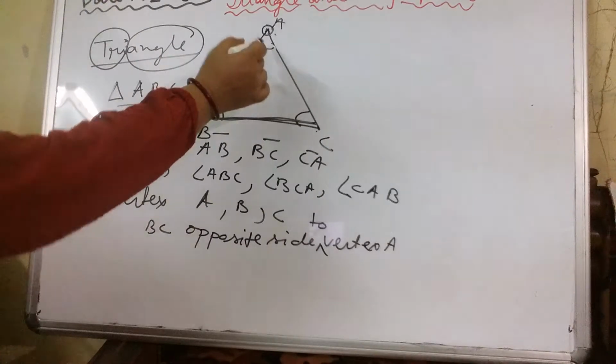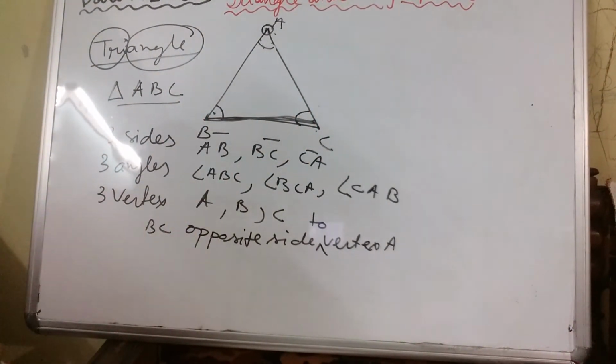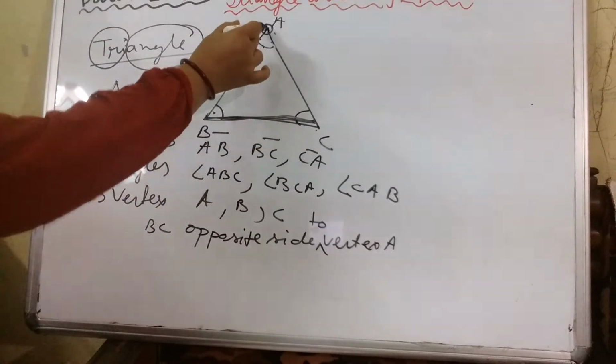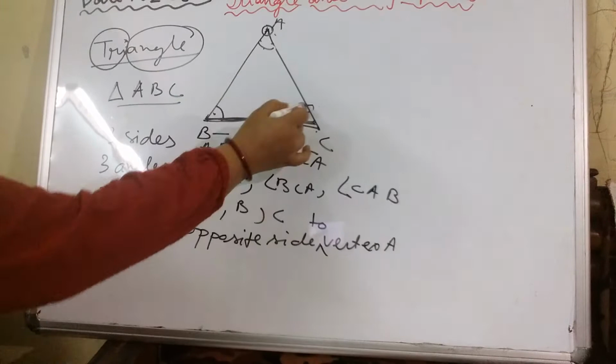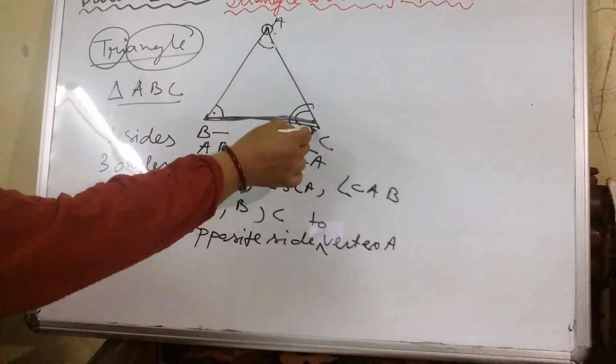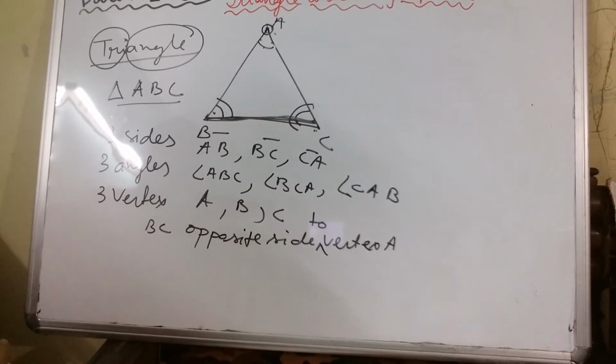This angle A is the opposite angle to this line segment BC, and the opposite angle of this line segment AB is C, and the opposite angle to this line segment AC is angle B.